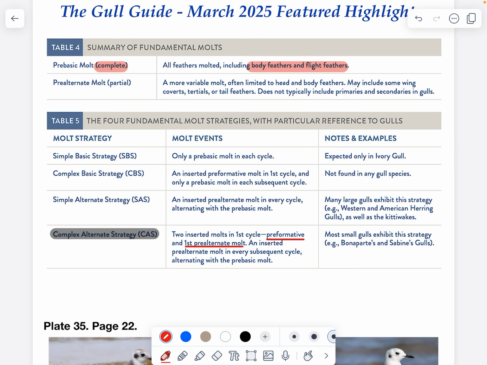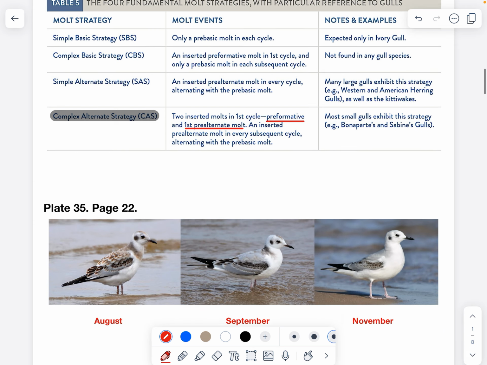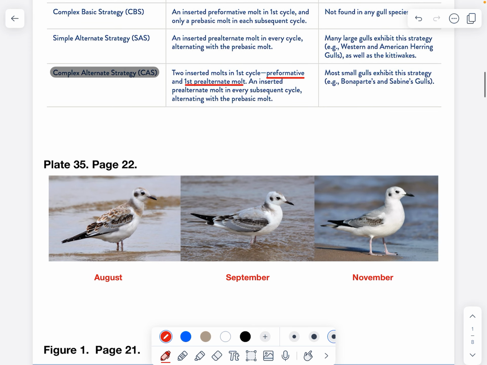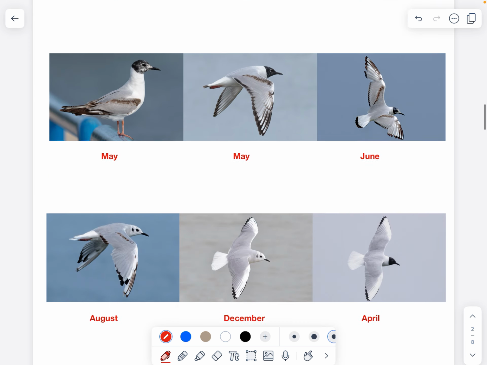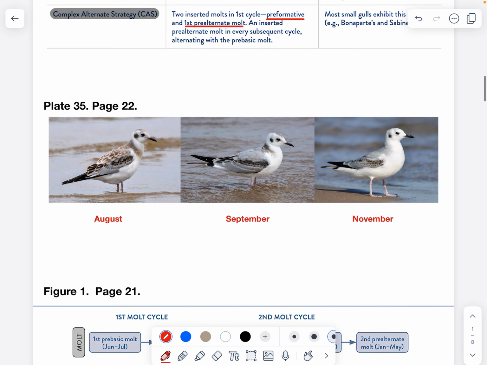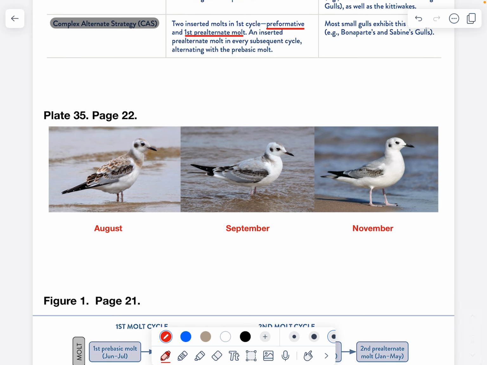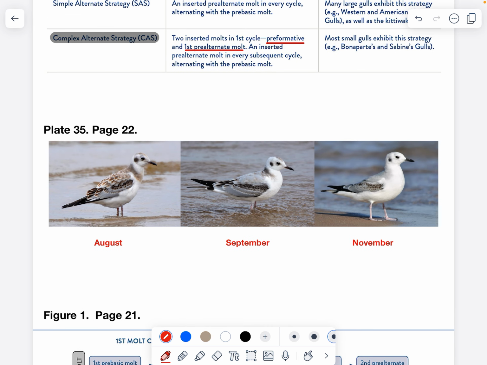A really good example of a small gull that undergoes this strategy is Bonaparte's. On page 22, I have plate 35, plate 36, plate 37, which walk you through what's happening with a Bonaparte's gull and why this is referred to as the complex alternate molt strategy. So you have this individual in August, largely juvenile.